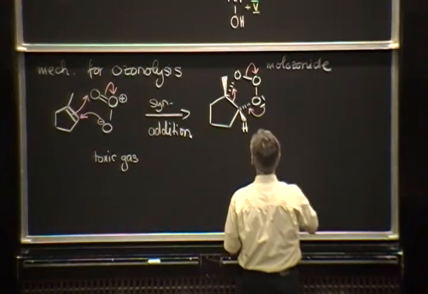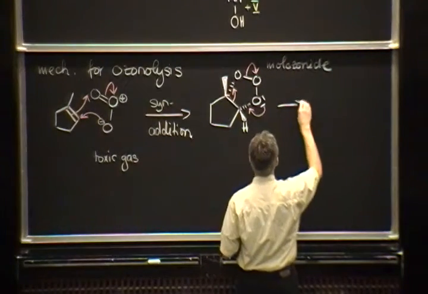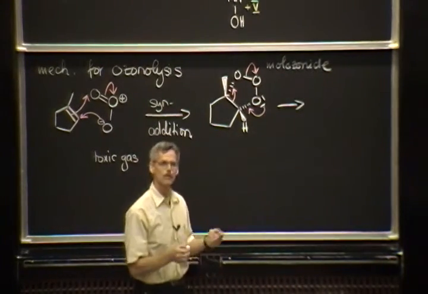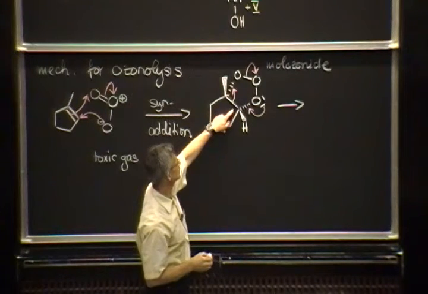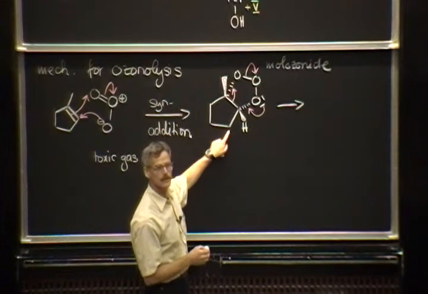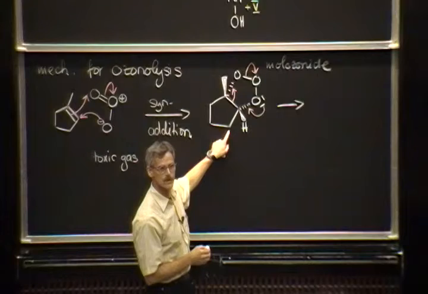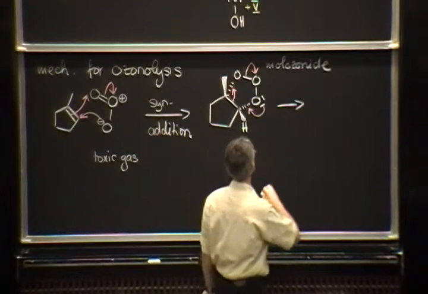So it's a fragmentation here that occurs. And now in this case, of course, we don't get two molecules, even though we break the C-C bond, because we still have the three-carbon tether that holds the two ends together.